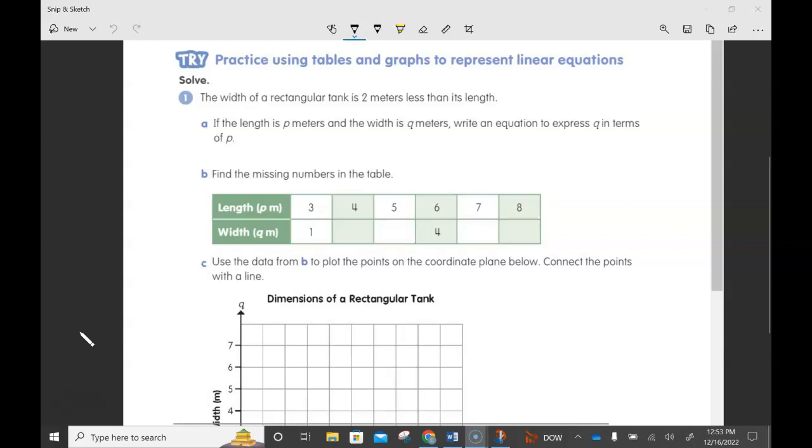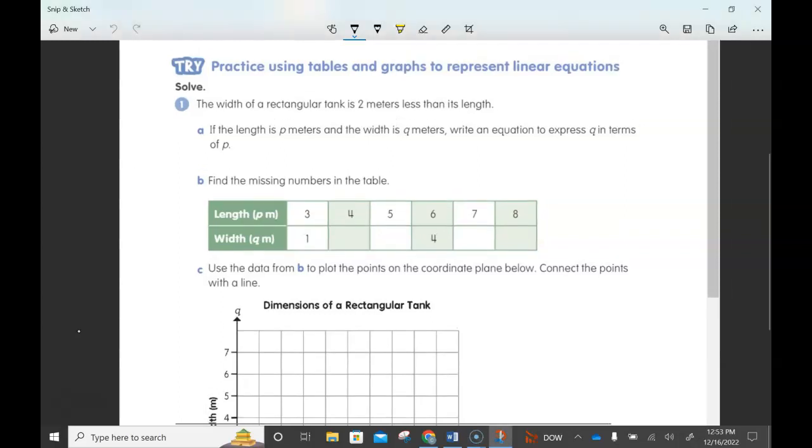We're trying to find the width here, so q is going to equal p minus 2. Why is it p minus 2? Because we know the width of a rectangular tank is 2 meters less than its length. The length is p meters.